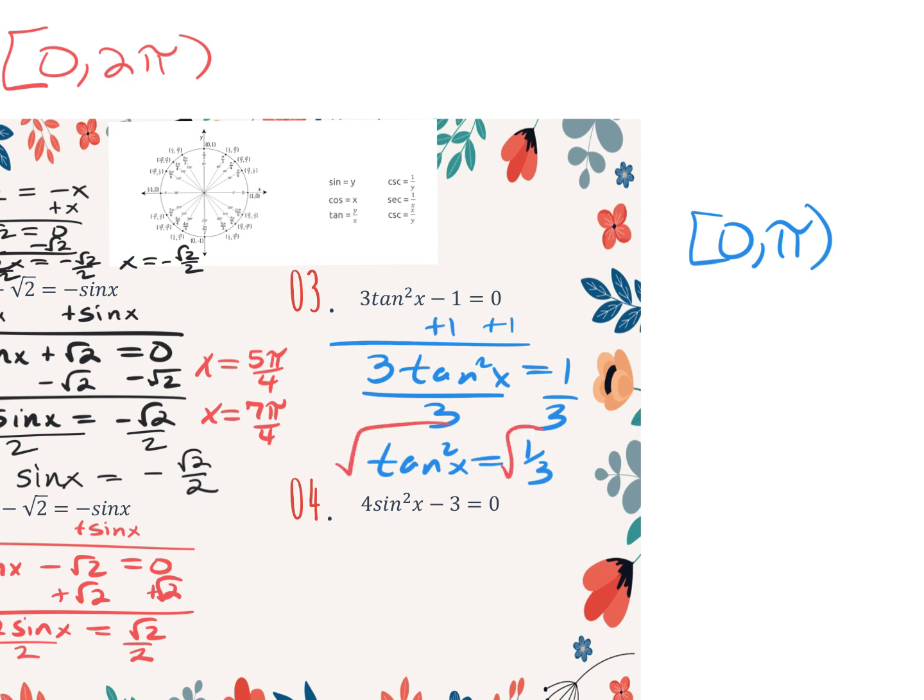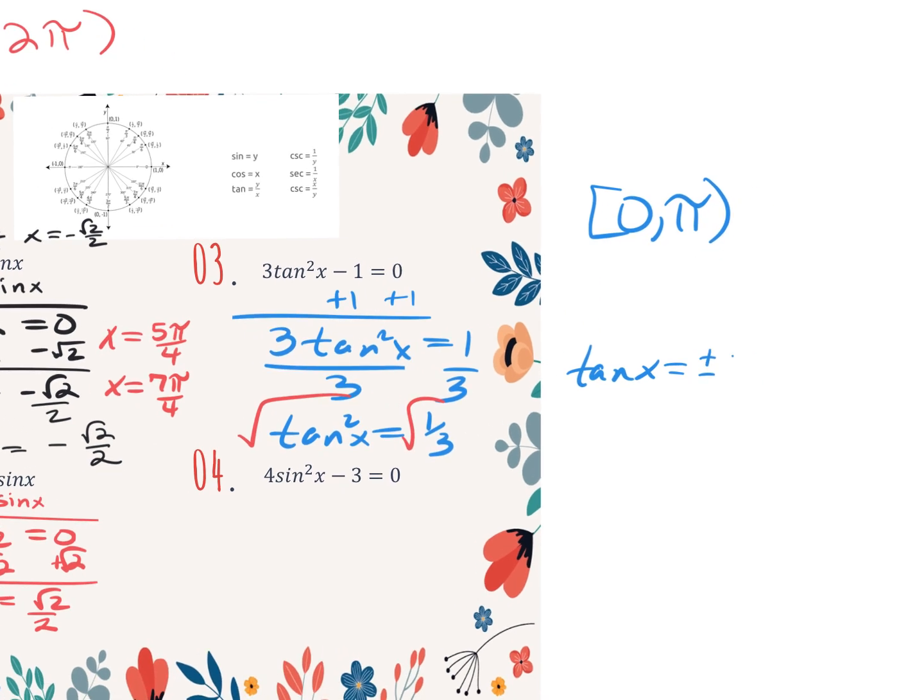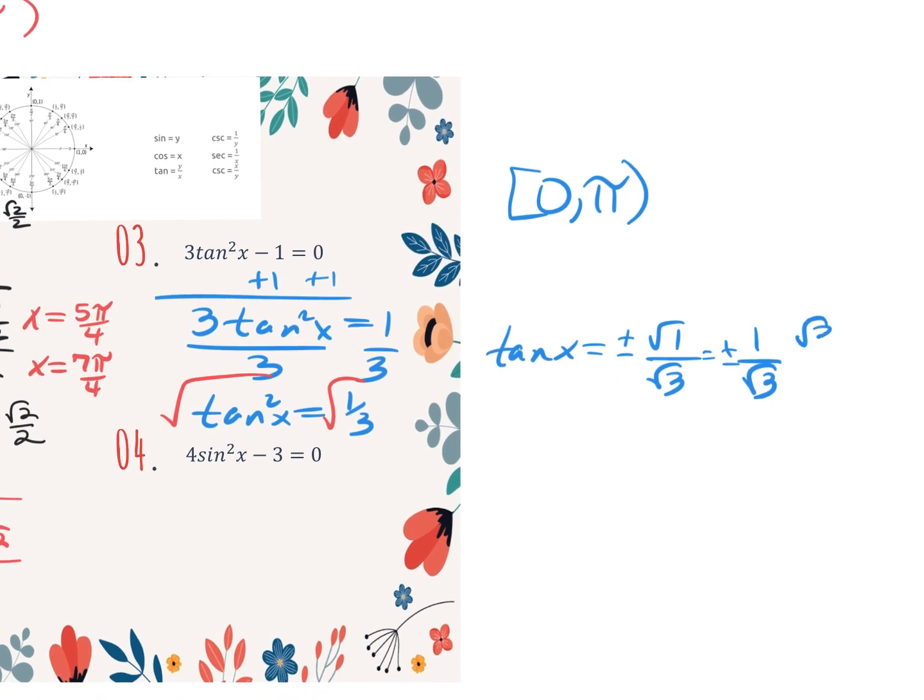So when I square root this, I now get tangent of x is equal to plus and minus the square root of 1/3, and I could do them individually. Square root of 1 is 1, but then the root's still in the bottom, so I've got to rationalize. So then tangent of x is equal to plus or minus square root 3 over 3.